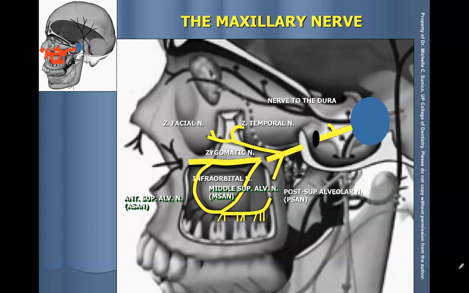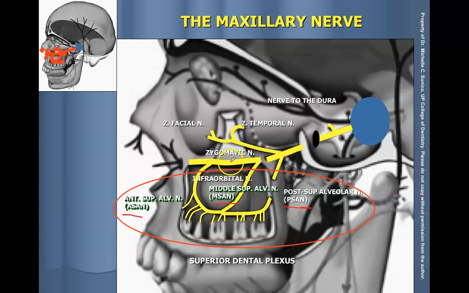The middle superior alveolar nerve innervates the roots of the maxillary premolars, including the mesiobuccal root of the maxillary first molar, while the anterior superior alveolar nerve will innervate the roots of the maxillary anterior teeth. These are the incisors and the cuspid. Together, the PSAN, the MSAN, and the ASAN form the so-called superior dental plexus. Okay.